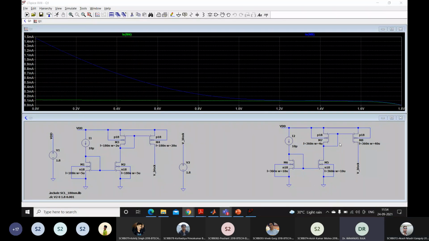Okay. Last year I had given the students a 65 nanometer library. This year I thought we'll do this 180 nanometer one. This is strange. Your simulation settings look fine.